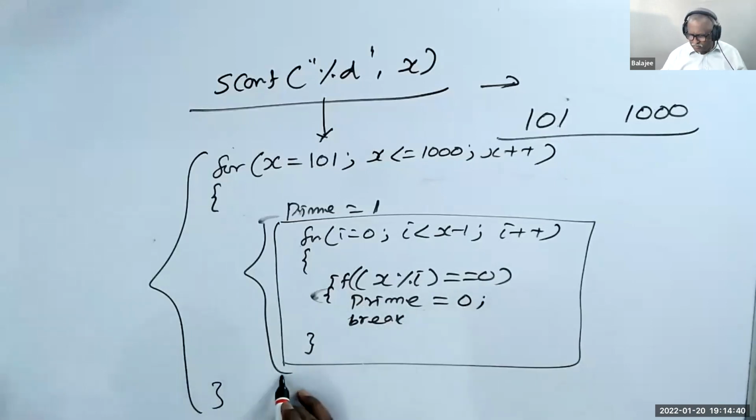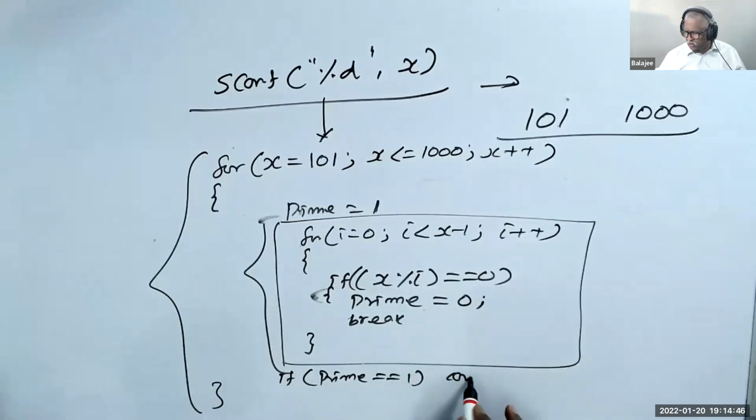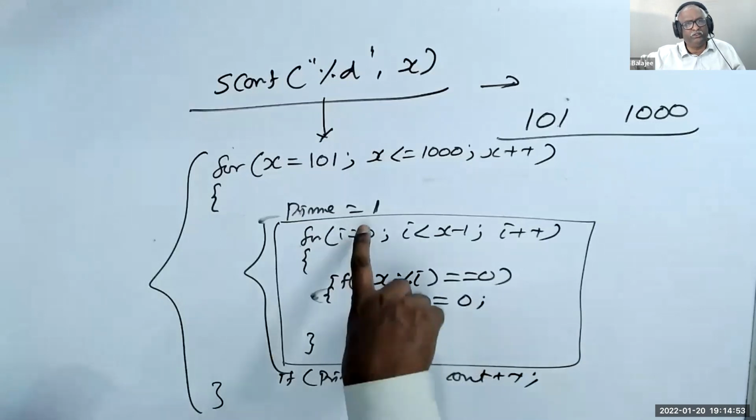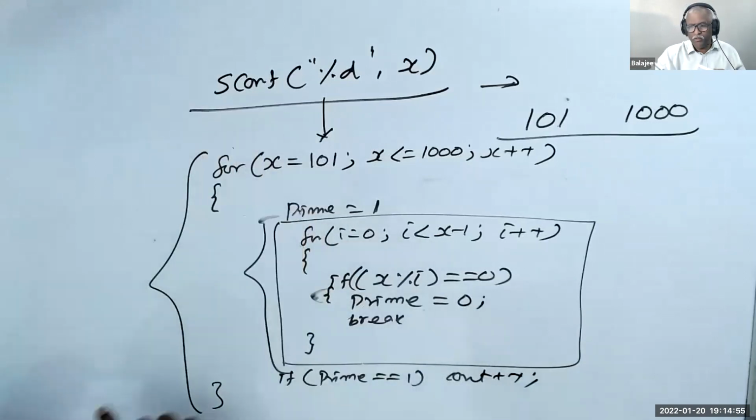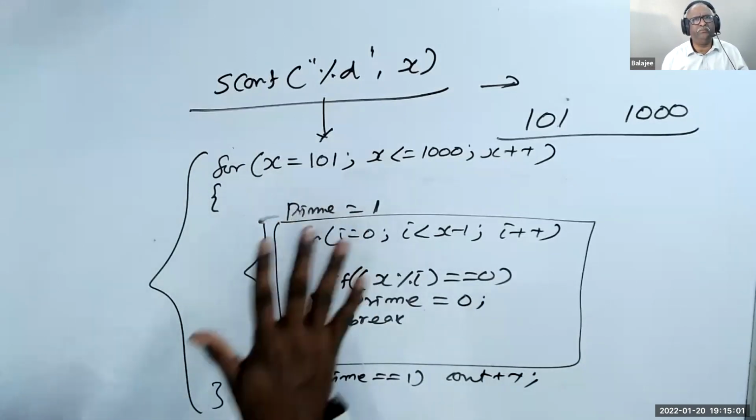Now you say if prime equal to 1, count plus plus. You increment the count, then you go back. The break will get out of this inner for loop, not the outer for loop. If you want to get out of that, you have to have another break. This is the range.